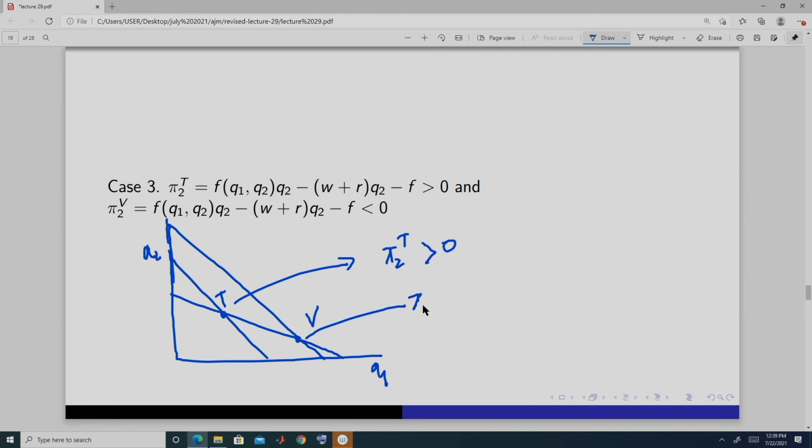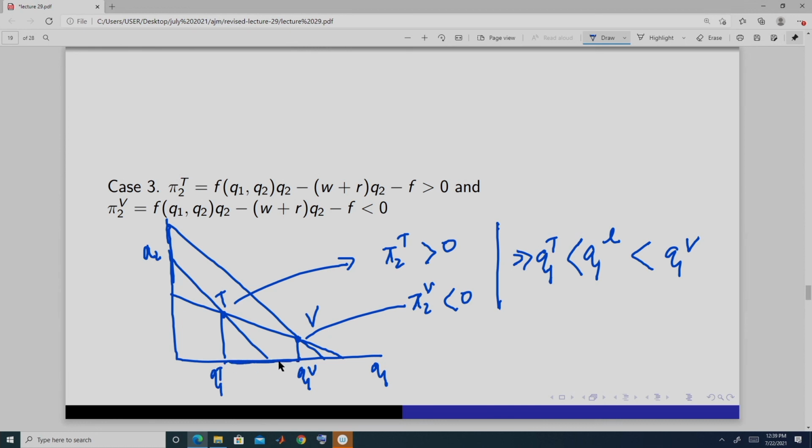The profit here of farm 2 is negative. So this implies that Q1L is less than Q1V, and it is greater than Q1T. So the limit output Q1L lies in this range.